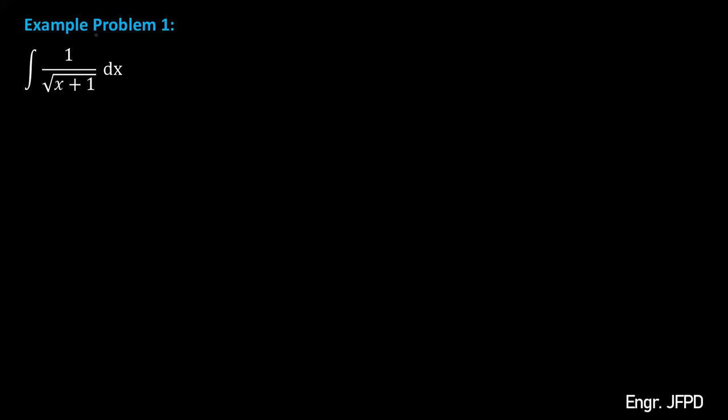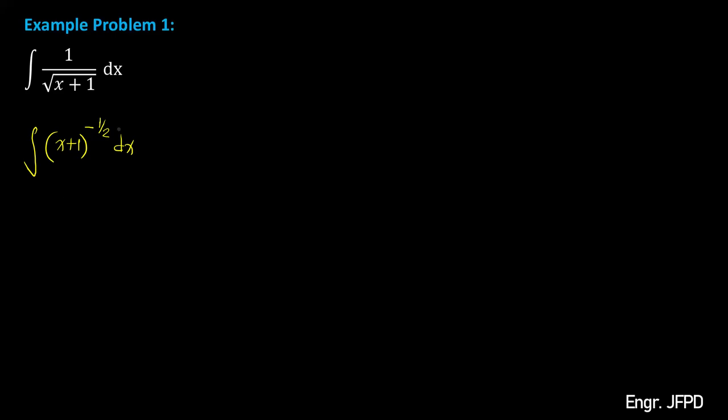And having an exponent in the denominator can be rewritten as having a negative exponent, wherein this equation is simply the same with the integral of x plus 1 raised to the -1/2 dx. Again, the square root is the same as raised to 1/2, and applying law of negative exponent, that is x plus 1 raised to -1/2.